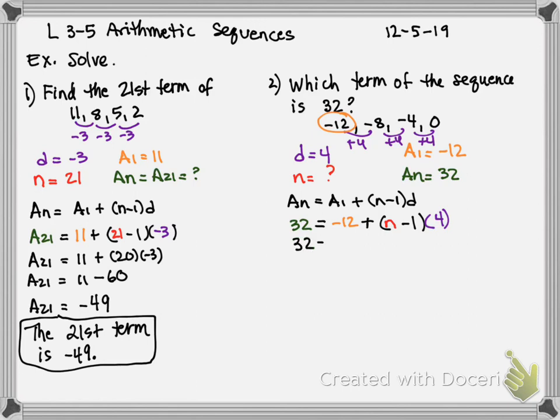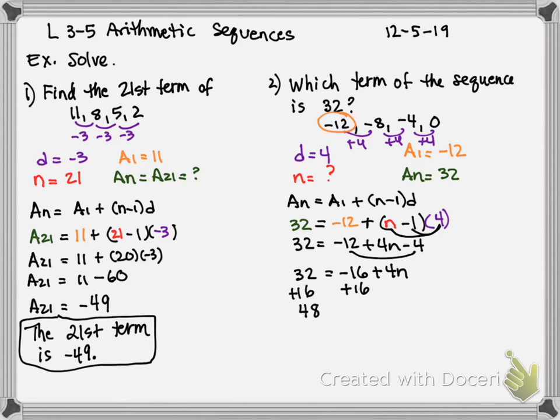And then I just start solving. So 32 equals negative 12. I think what I'm going to do here is just distribute. So 4 times n is 4n, and then 4 times negative 1 is negative 4. I do see some like terms here, so I'm going to combine my like terms, and I get 32 equals negative 16 plus 4n. Signs are the same, so I add. I want to get the 4n isolated, so I'm going to do inverse operations with a constant, so I add 16 to both sides.